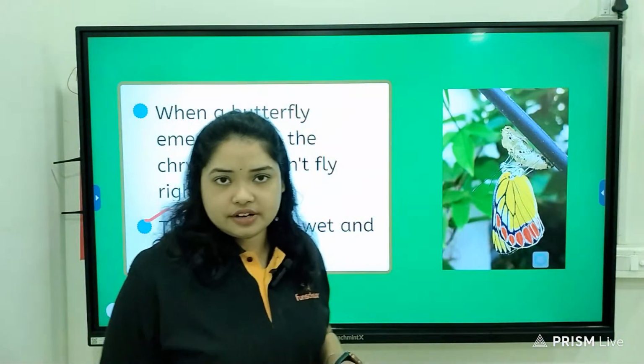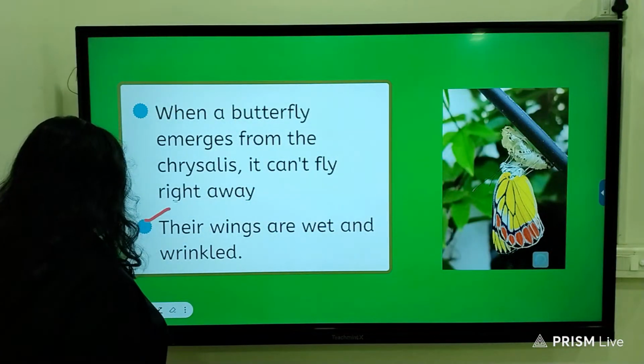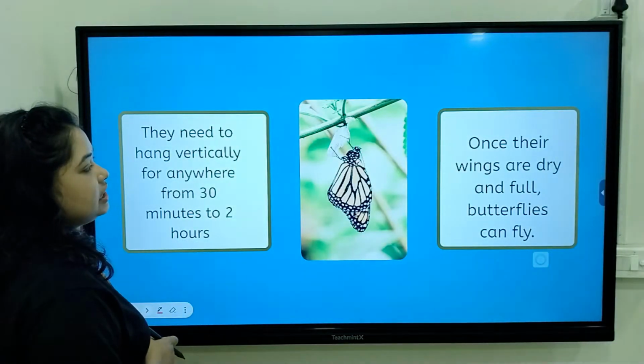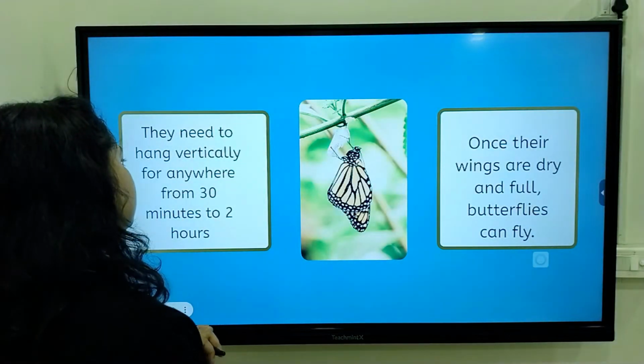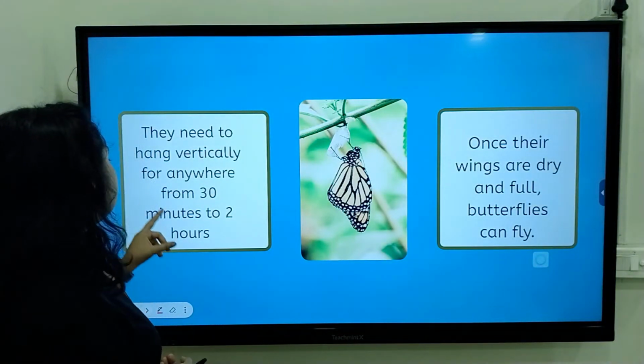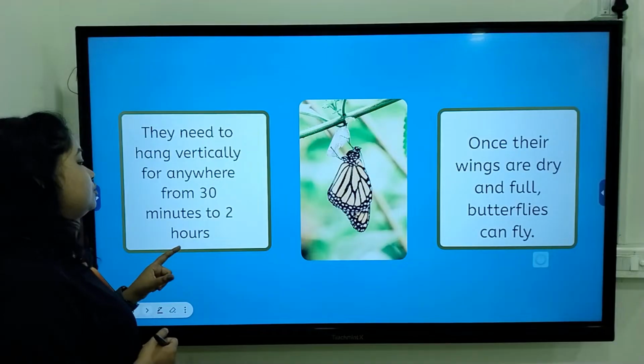The size of the chrysalis is not so big. So in order to accommodate that structure of the wings, it is present in the wrinkled form, and they need to hang vertically for anywhere from 30 minutes to 2 hours.